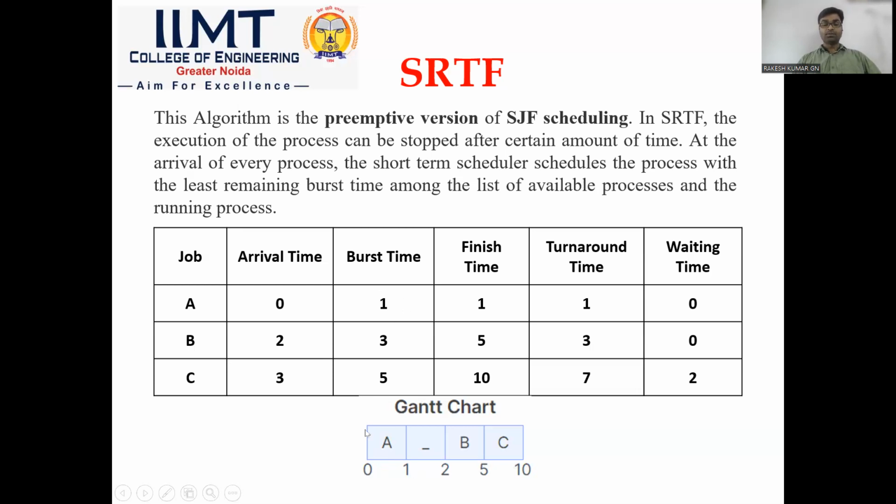Now we can see there is nothing at time 1, because process B will come at time 2. So from 1 to 2, the CPU will sit idle, because there is nothing in the ready queue. This is the span of time where the CPU sits idle.